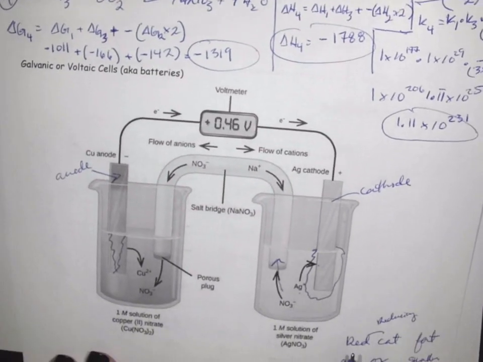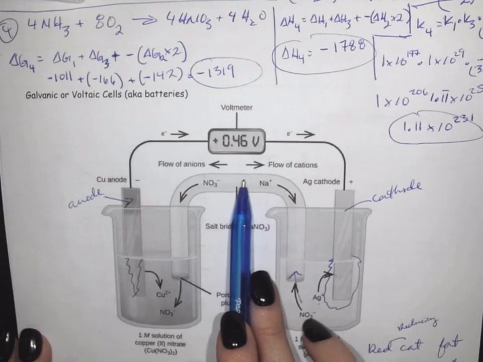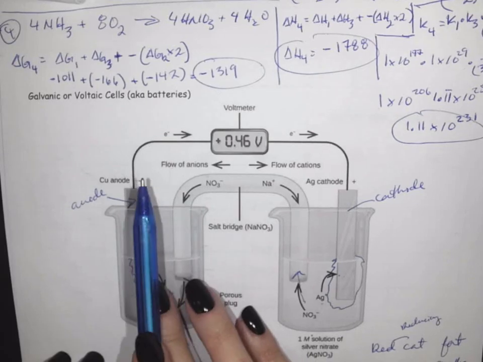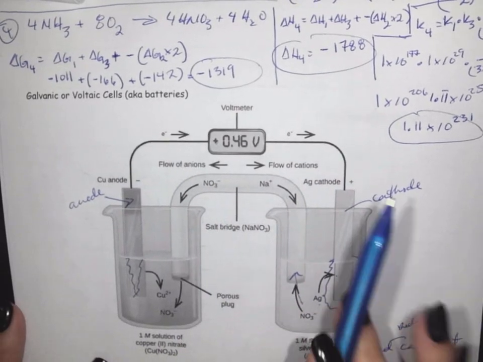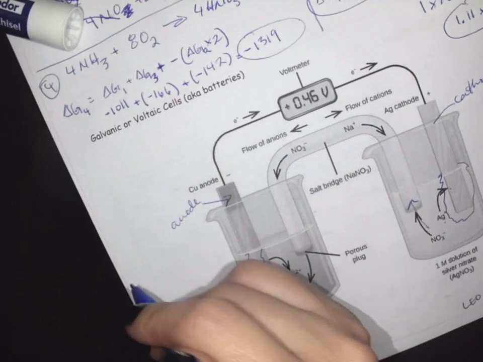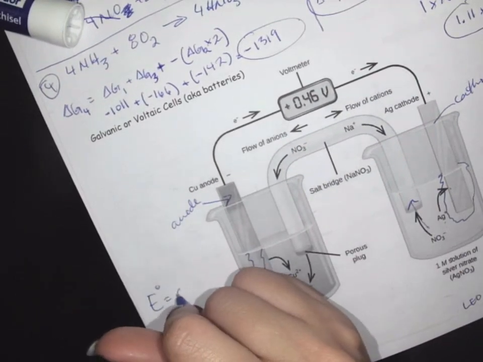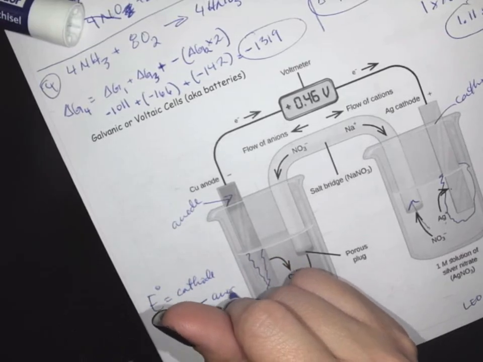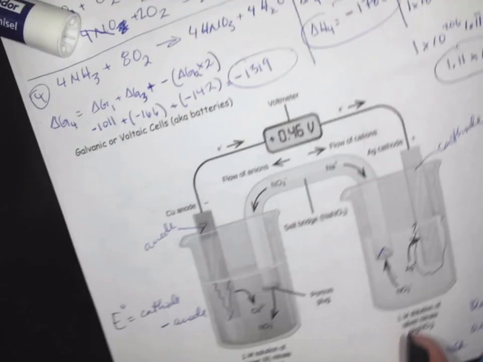One other reminder. If you replace the salt bridge with wire, the voltage becomes 0. This is wire, this is not wire. And to calculate this voltage, this E cell, we do the cathode minus the anode.